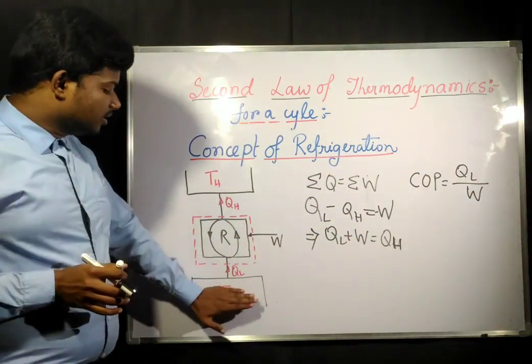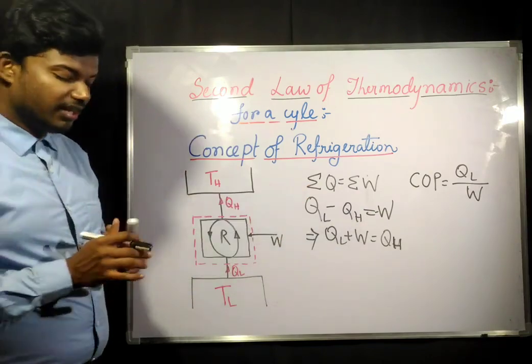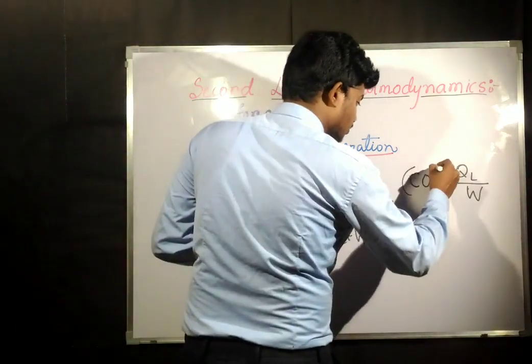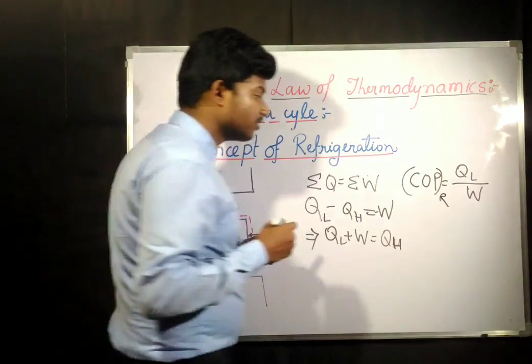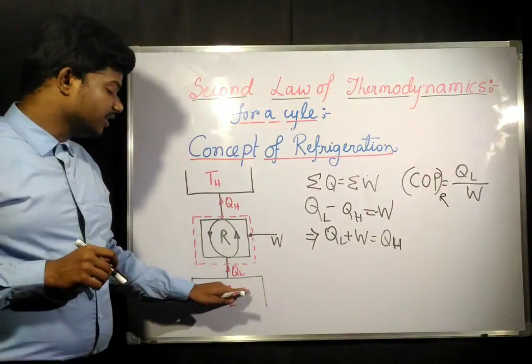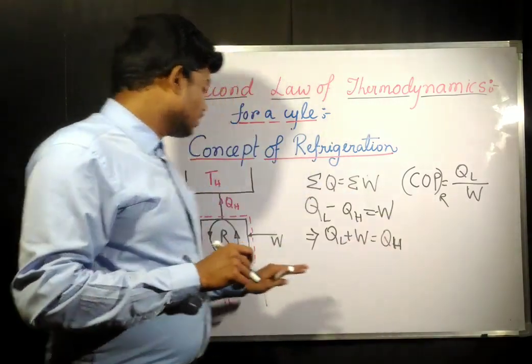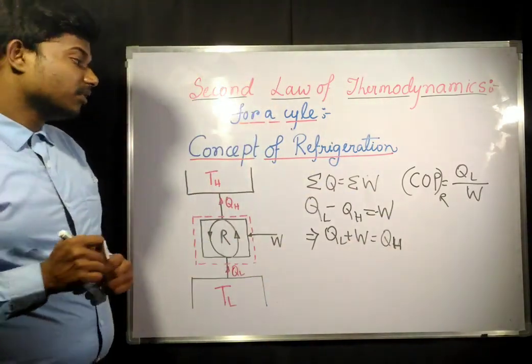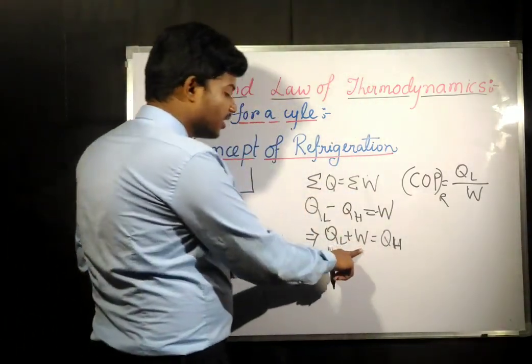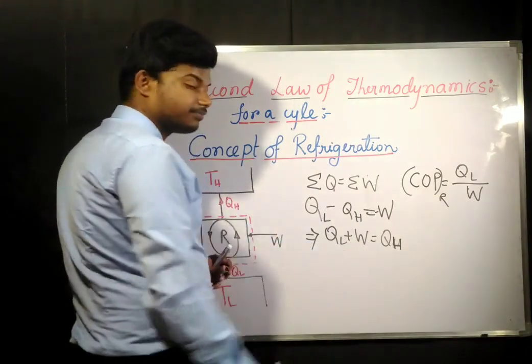This is known as the COP of a refrigerator. It is the heat you are taking out from the cold region divided by the work input you are giving.